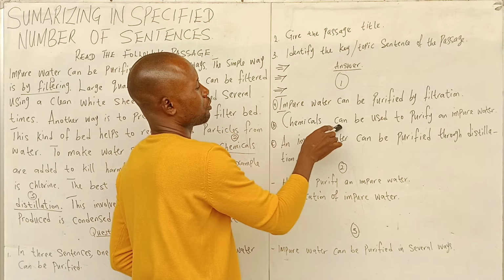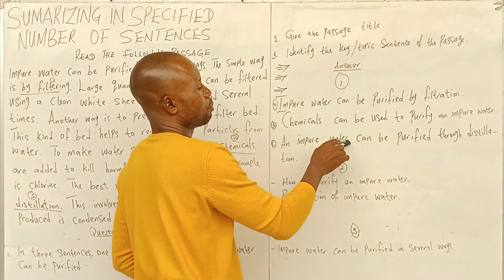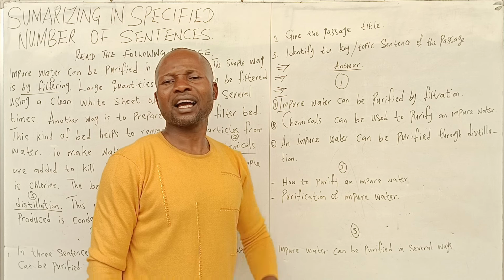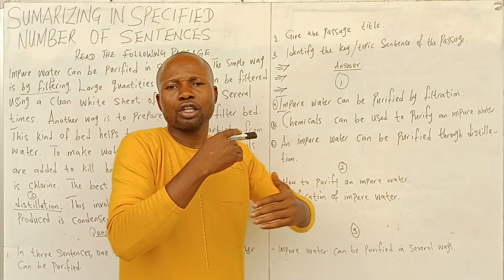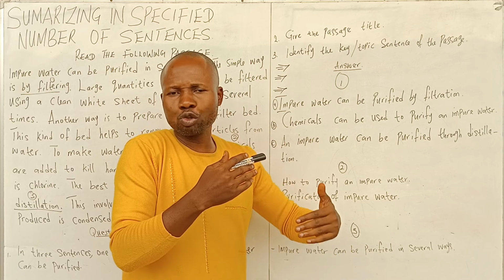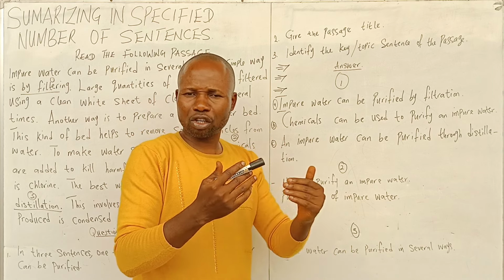Impure water can be purified by adding chemical. Impure water can be purified through distillation. You see, all these places will be impure water, impure water, impure water. It's not good. The examiner, those who want to mark your paper, can fail you. So try to change the sentences to look unique. This is where creativity comes in.